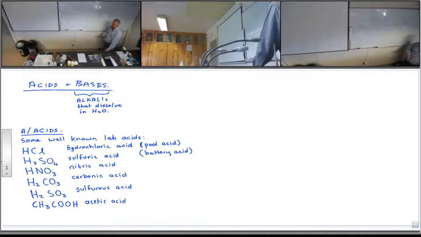Carbonic acid. Which of those acids would you say is the most dangerous and the most powerful, highly reactive? Sulfuric. Anything else? Acetic. Carbonic. Which one did you say is most dangerous? Acetic.